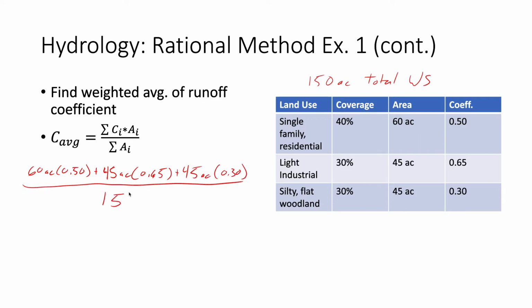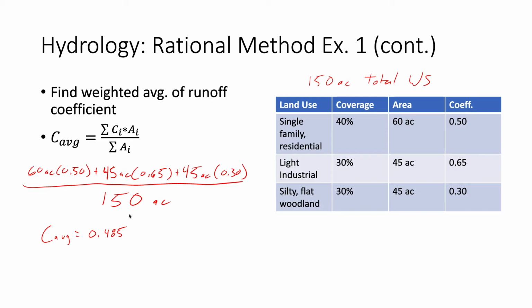And then, of course, the sum of your areas is only going to be your total watershed area. So from that, our C average is 0.485, which is just the weighted average. And so that's really all.